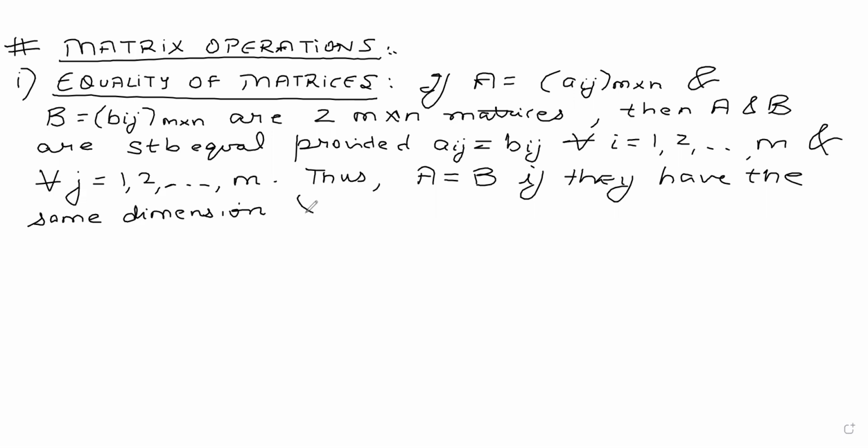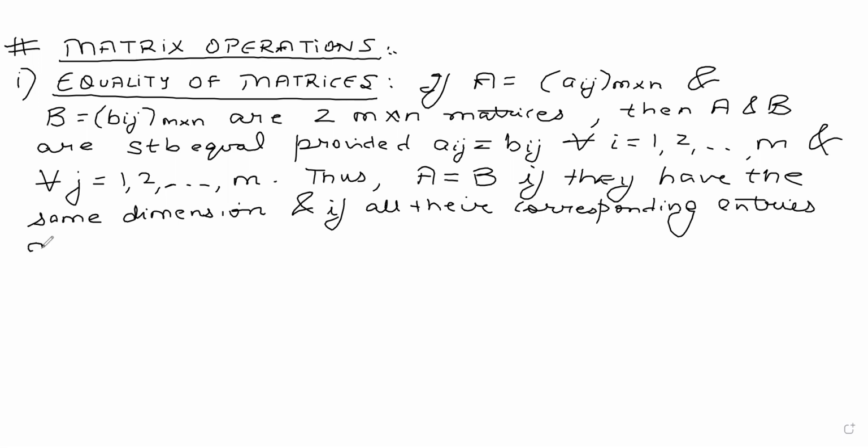Okay, and if all their corresponding entries are equal. So two matrices are said to be equal if both of them have the same dimension and their corresponding entries are equal. Second thing, guys, addition and multiplication.